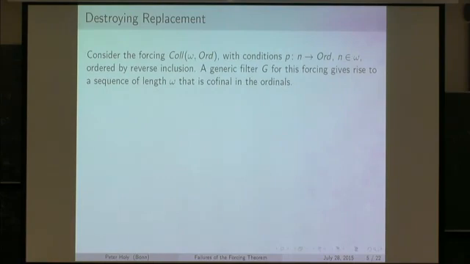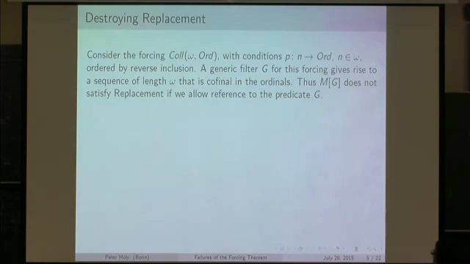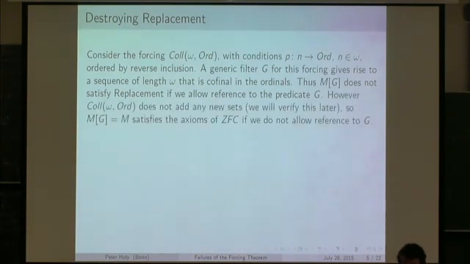A generic filter for this forcing gives you a sequence of length omega which is cofinal in the ordinals, by a very easy density argument. And so if we allow reference to the predicate G in the axiom scheme of replacement, then the generic extension will not satisfy replacement, because the generic filter gives us this sequence of length omega which is cofinal in the ordinals.